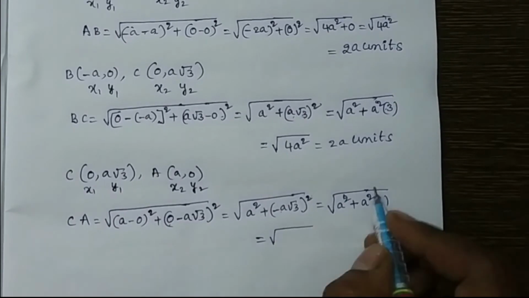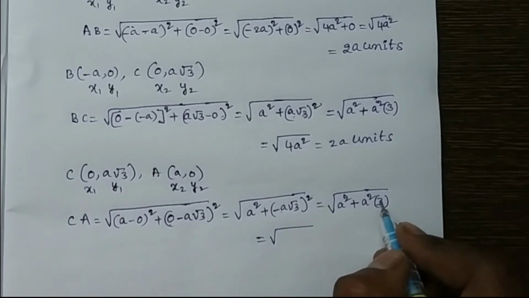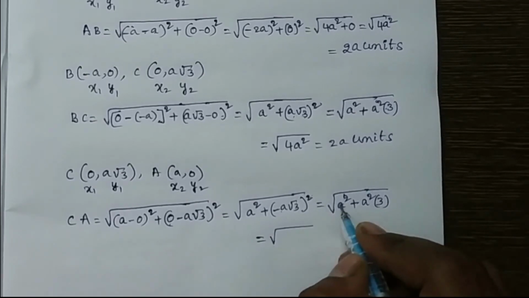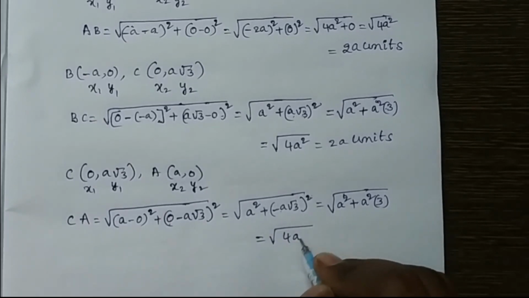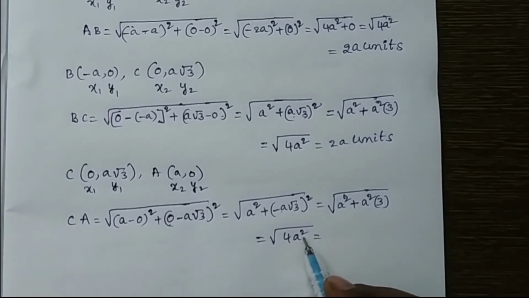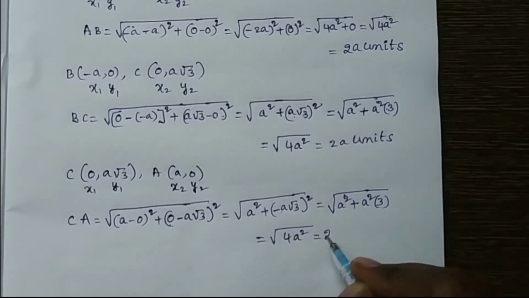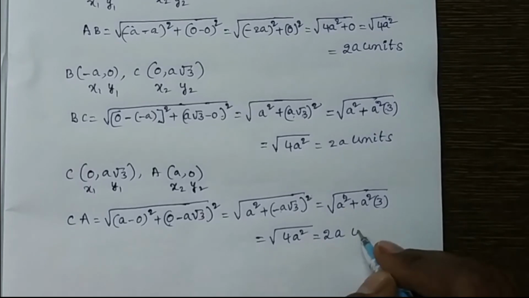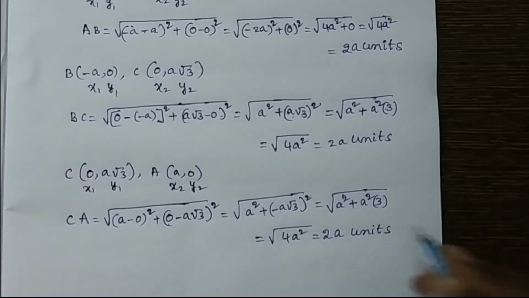So a square plus 3a square, that is 4a square. It is in the form of root ab, root of ab means root a into root b. Root 4 means 2, root a square means a. So this is 2a units.